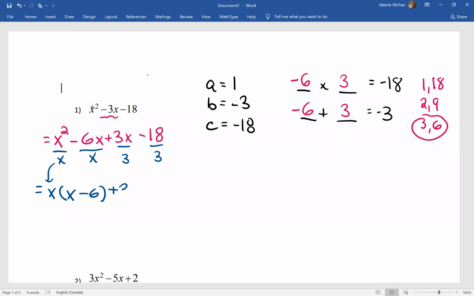Remember, this is a +3. You need to have a sign there. 3x divided by 3, -18 divided by 3. X minus 6 is common. And we have the factor x plus 3 left.